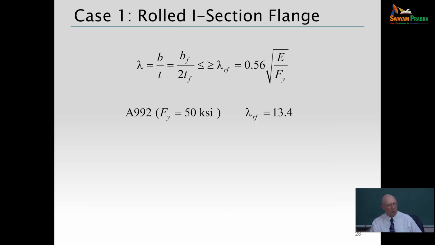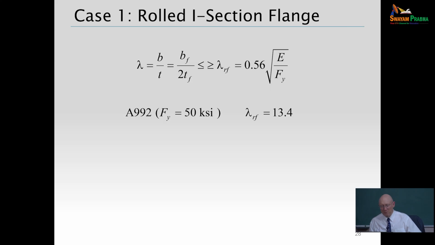So here's the case 1. It corresponds to a rolled I section flange, and so the limit is written in AISC as 0.56 square root E over Fy. I think in the Indian Standard it has an epsilon term like the Eurocode. So we don't have the epsilon in ours. We normalize everything directly to a square root E over Fy when we're writing these limits.